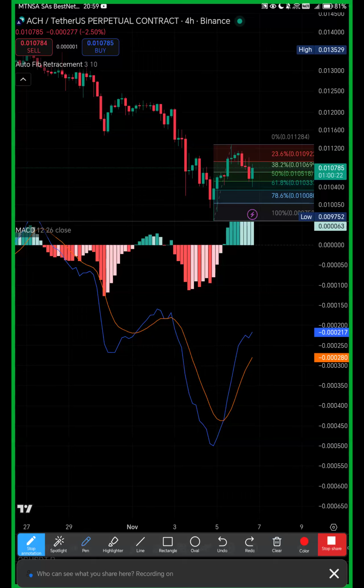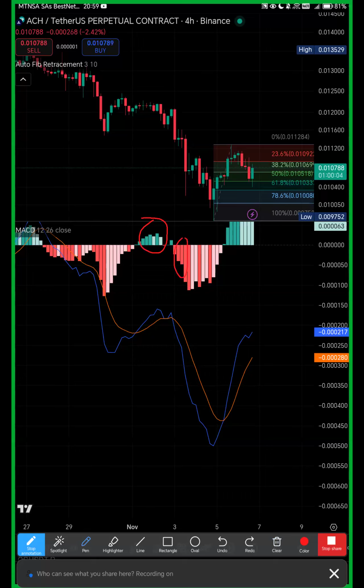So the distance between this orange line and the blue line is measured using what we call histograms. There are histograms here that are in green and they are also in red.